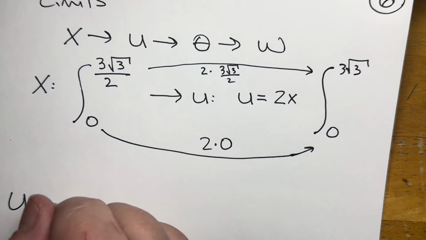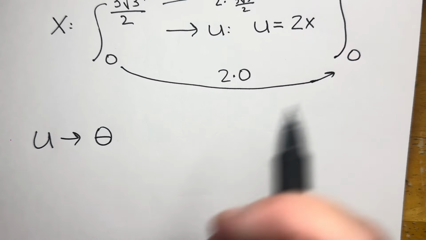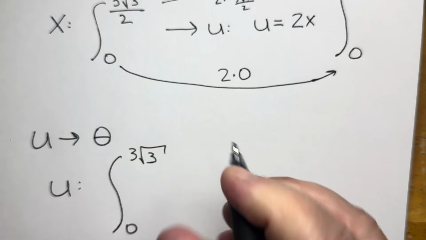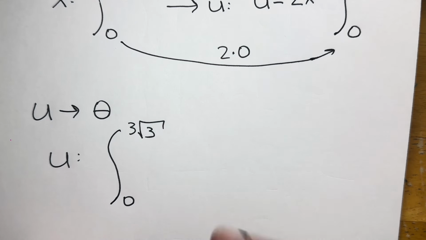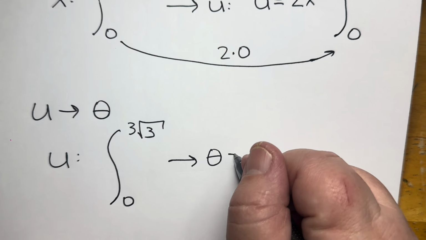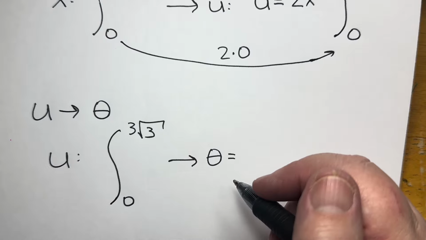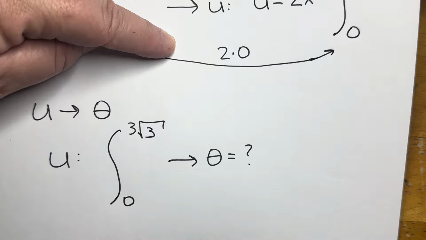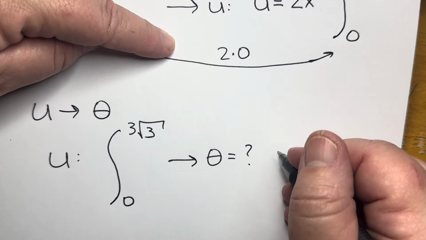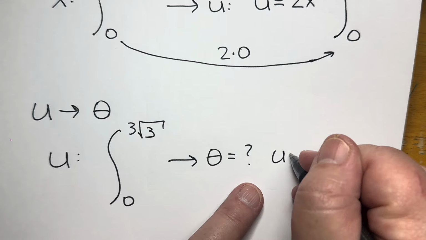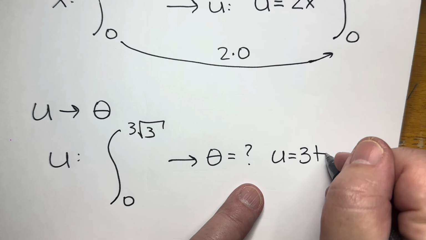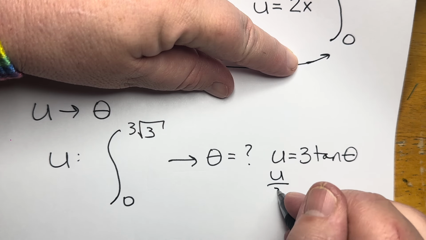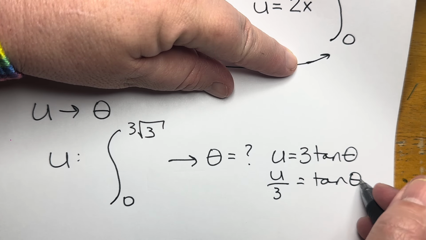Next up, we want to do u to theta. So in u land, 0 to 3 radical 3, if I want to convert to theta, theta was equal to what? Well, this one's a little bit harder because we had that u was set at 3 tangent theta, right? And so u over 3 is tangent theta.